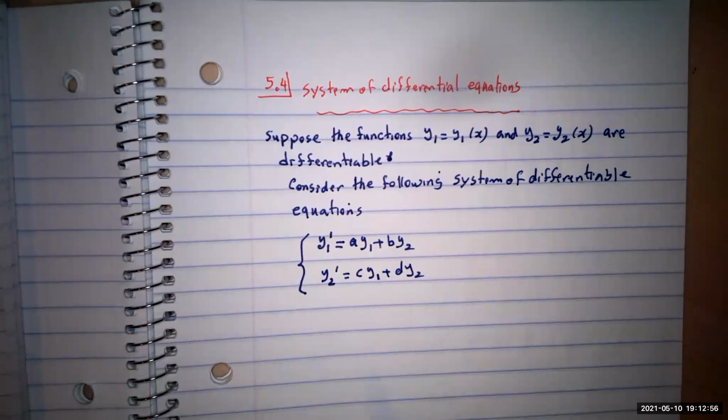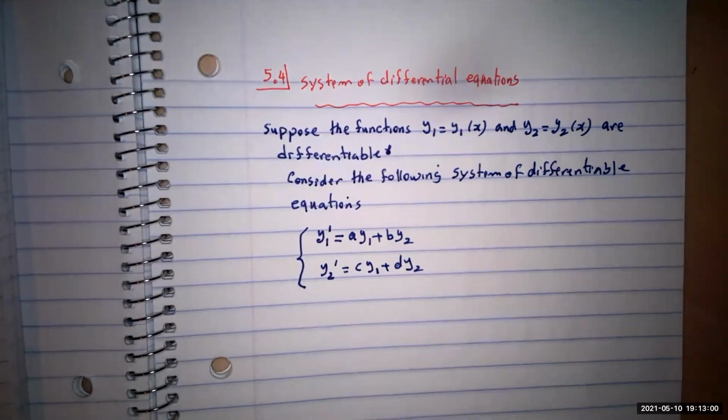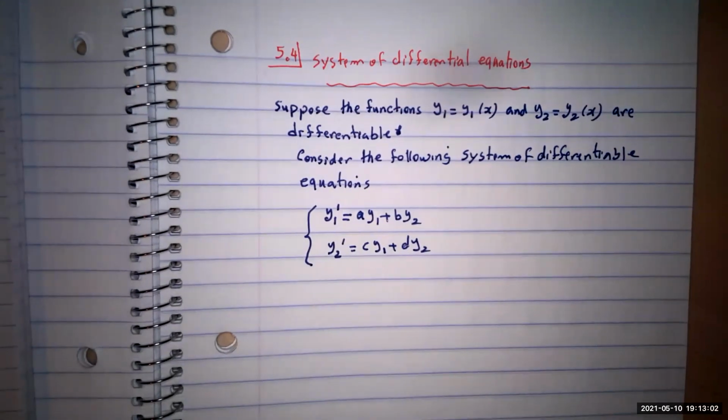Now what we would like to do, as we did before, is, given a system, change it into matrix form. The unknowns are going to be y1 and y2, so we introduce some vector notation.